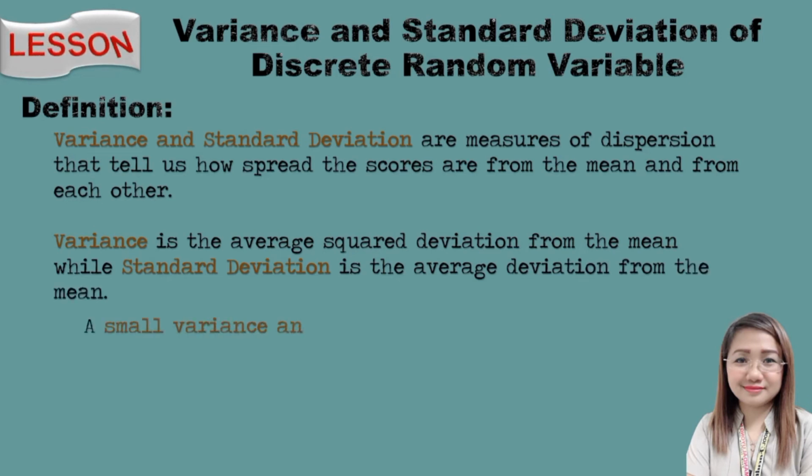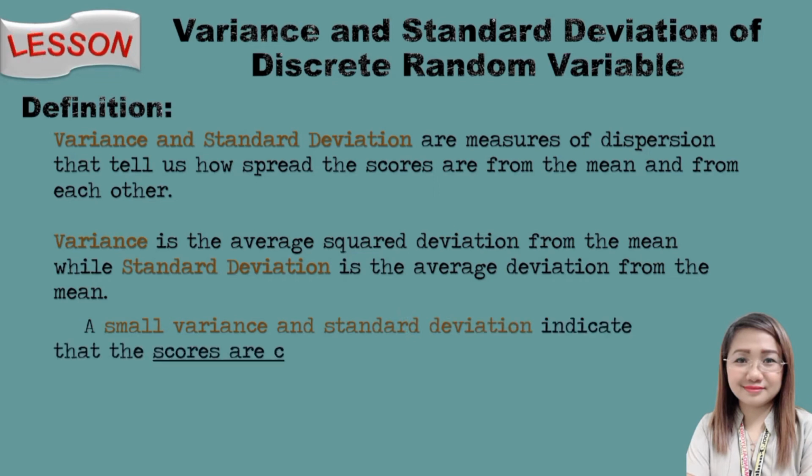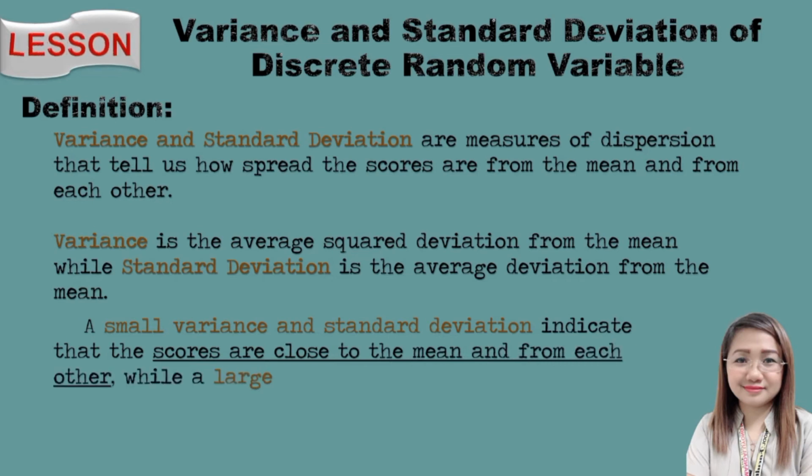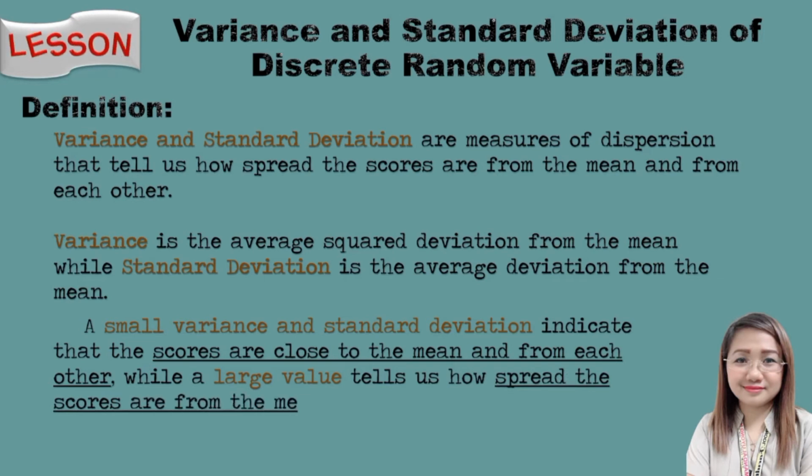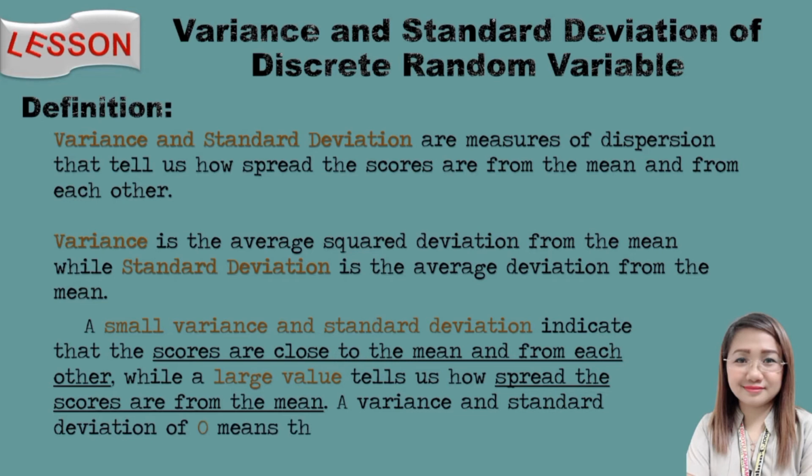A small variance and standard deviation indicate that the scores are close to the mean and from each other, while a large value tells us how spread the scores are from the mean. A variance and standard deviation of 0 means that all the scores in the dataset are equal.